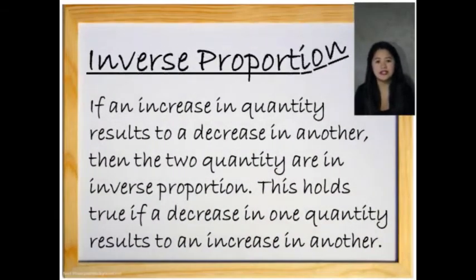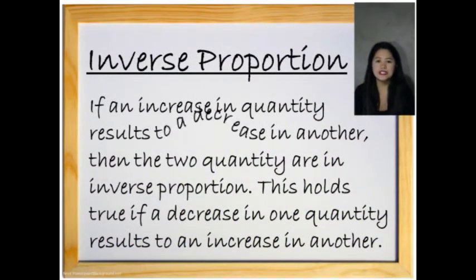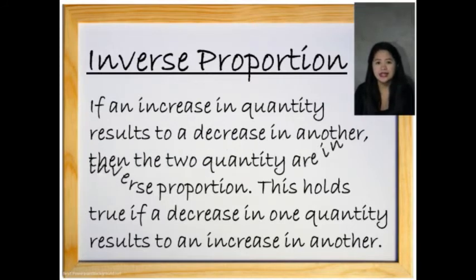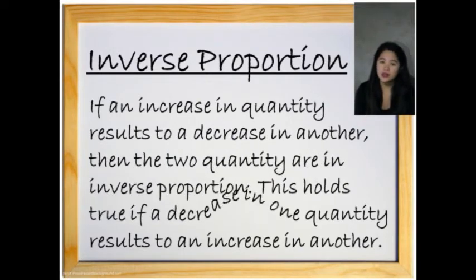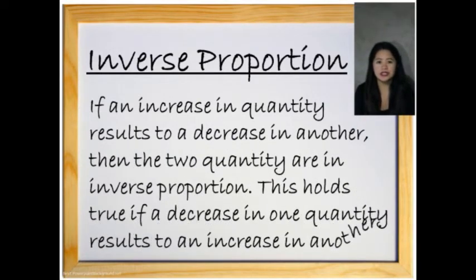The second type of proportion is the inverse proportion. In inverse proportion, an increase in one quantity results in a decrease in another quantity. Likewise, a decrease in one quantity results in an increase in another quantity. One good example for that is a word problem.